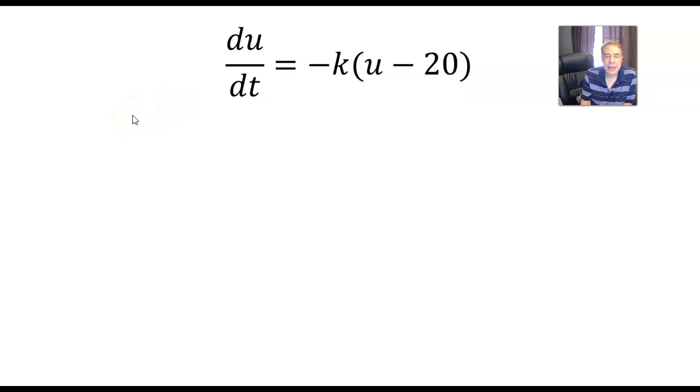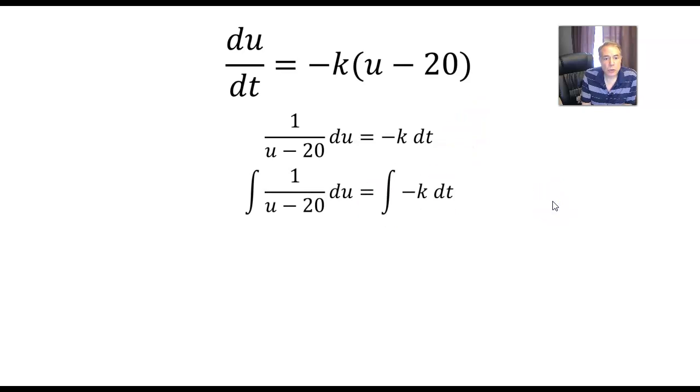Let's solve that. That is a separable differential equation, so I can separate the variables. I can multiply both sides by dt, and then divide both sides by the expression u minus 20. Then integrate both sides. On the left side, the integral of 1 over (u minus 20) du is the natural log of the absolute value of u minus 20.